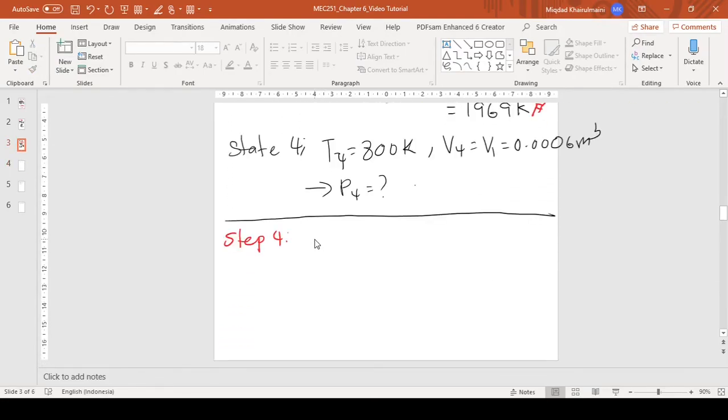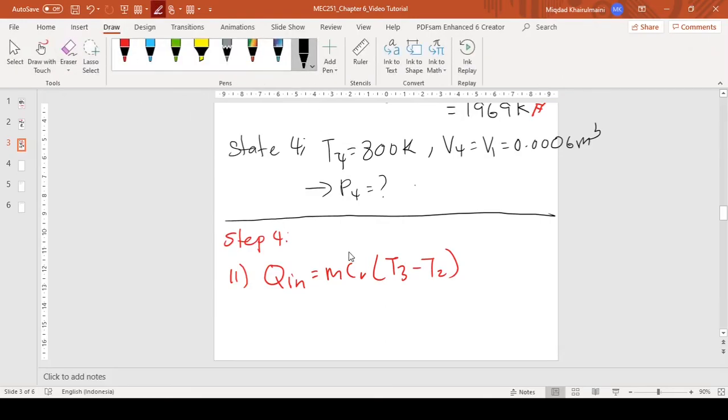For number 2, we have to find the amount of heat added, so mCv times T3 minus T2. Cv for air is 0.718 kilojoules per kgK.